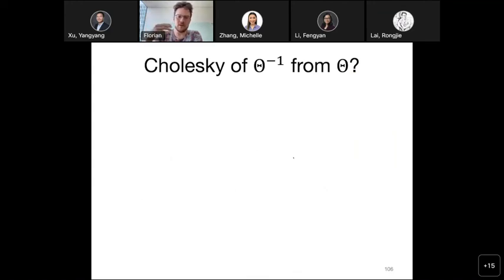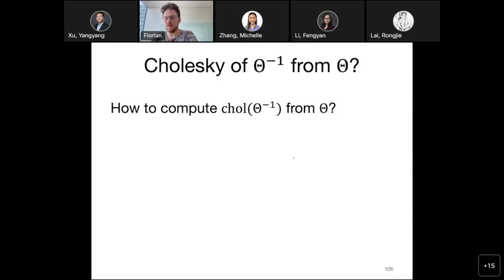And as I just brushed over, we can also compute sparse Cholesky factors of theta inverse by the incomplete Cholesky factorization of theta inverse. Now, it turns out that the sparsity pattern for theta inverse is a bit sparser than that for theta. And so in principle, even if we're given access to entries of theta, the integral operator, we would like to be able to directly compute an approximate factorization of theta inverse.